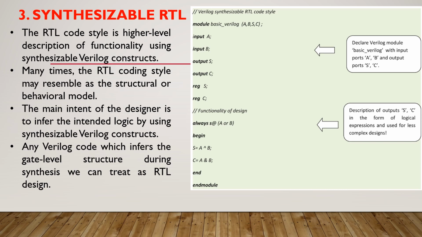The sensitivity list, A or B, is similar to the behavioral, but there we used the comparator because we don't know what kind of structure we are going to use. In the behavioral, by using a truth table, we know that if we compare the inputs, we can decide whether the sum is 0 or 1.